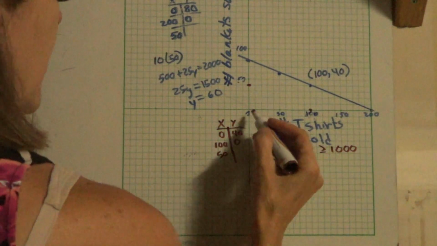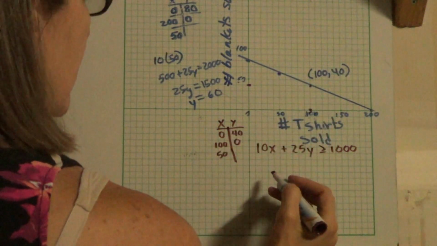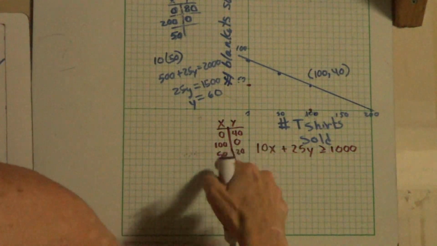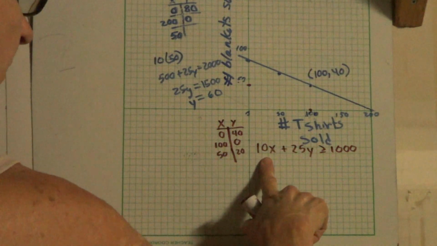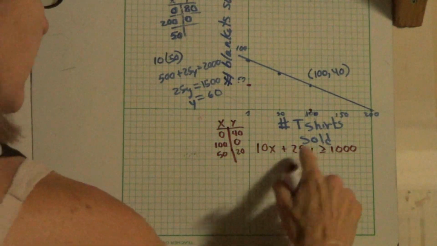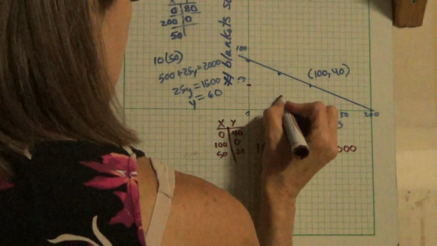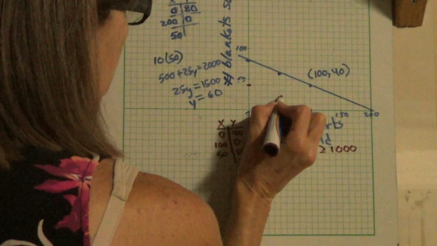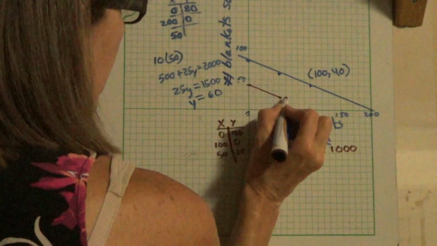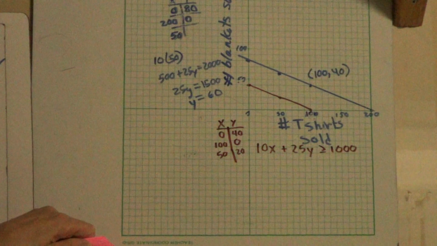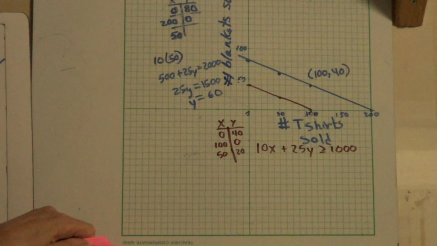Instead of it being (50, 40) to be at 200, does it make sense it would be (50, 20)? 50 times 10 is 500. 25 times 20 would be 500. So (50, 20). Now again, I should get my ruler, but I think the board would fall off while I lean down to get it. So there is our minimum.